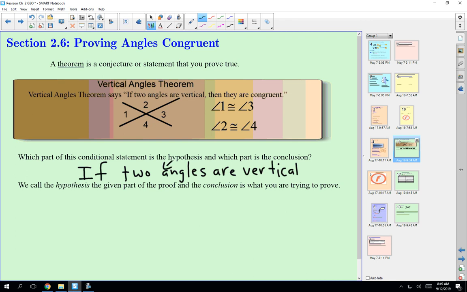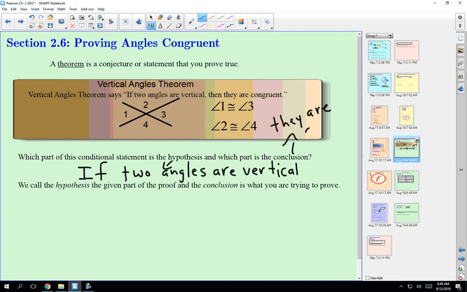You could do an arrow there. And then the conclusion would be they are congruent. That's how you would describe the if and then part: the if part is the hypothesis and the then part is the conclusion.